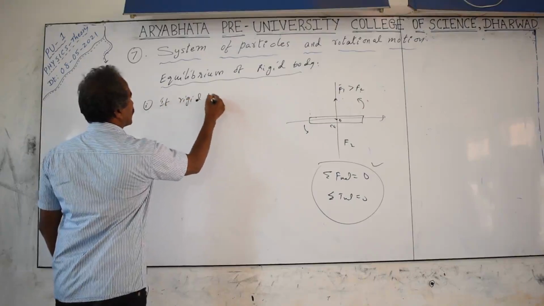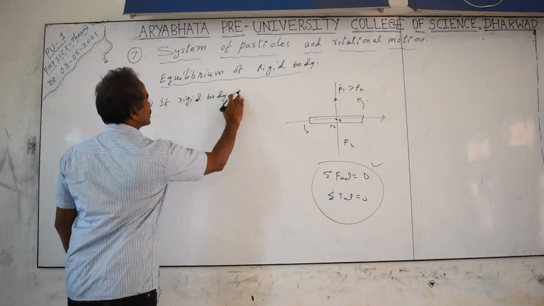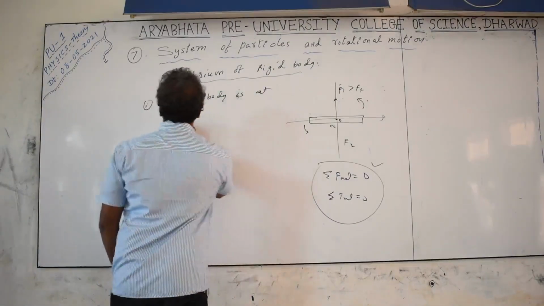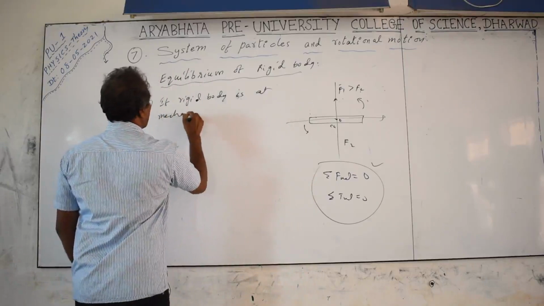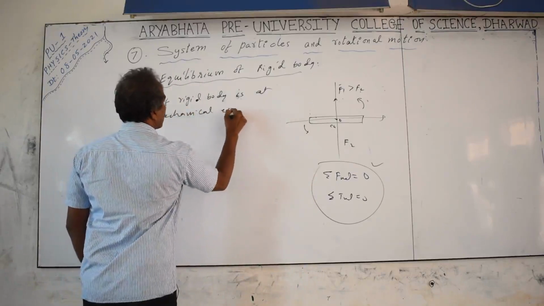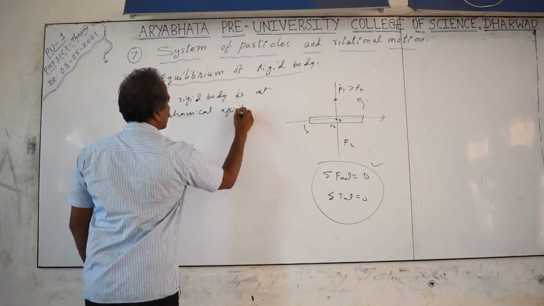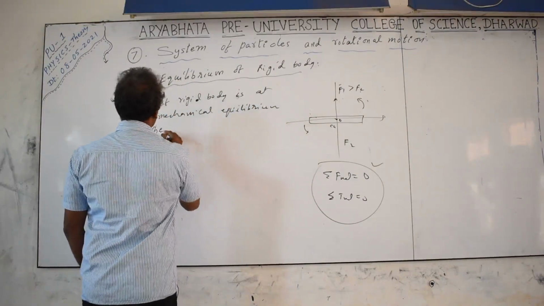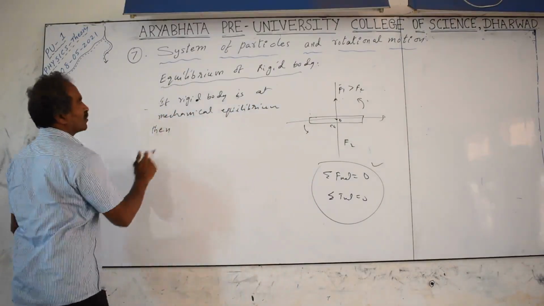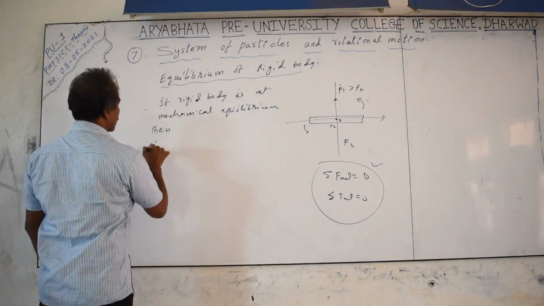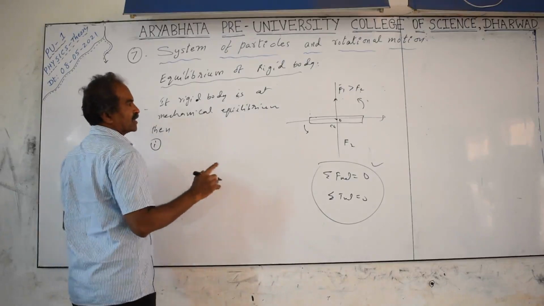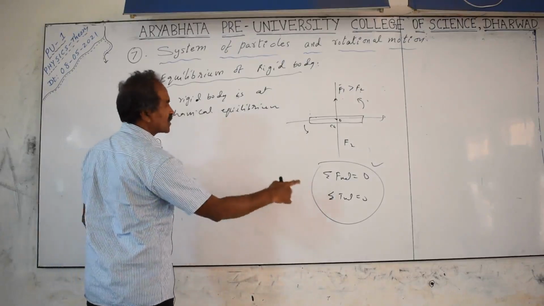If the rigid body is at mechanical equilibrium, then it must not have translatory motion, which means the net force is equal to 0.